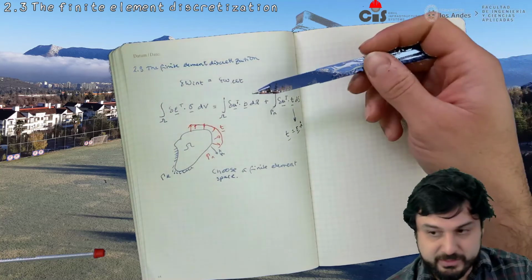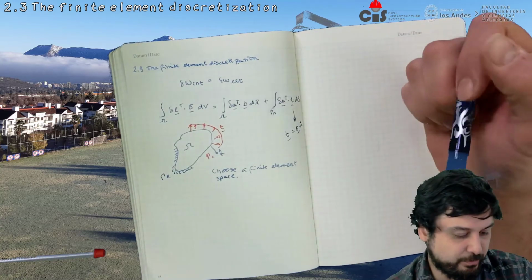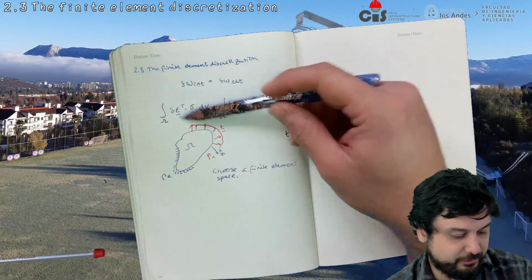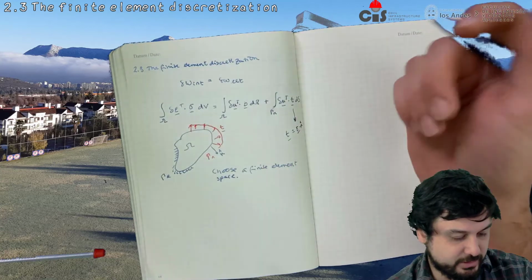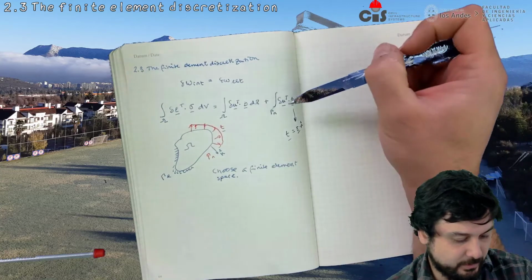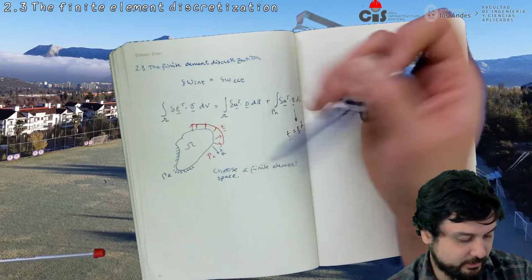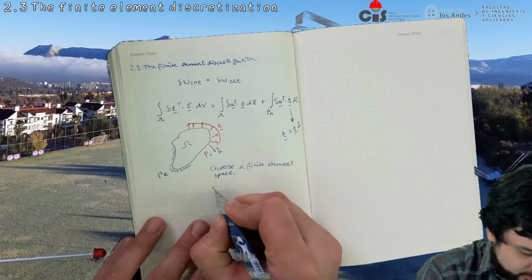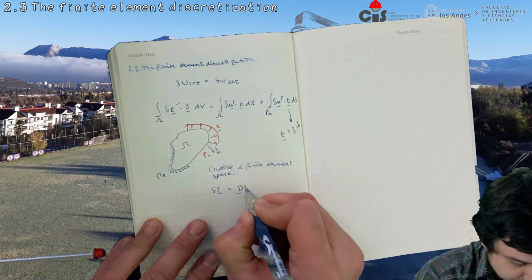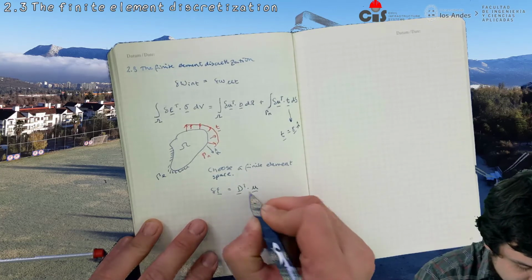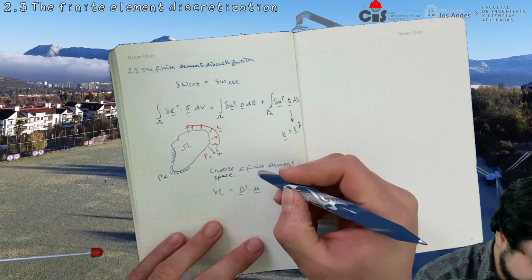So this is valid for whatever delta u you put in there, if the conditions are such that it's equilibrium. This u gets differentiated, so delta epsilon is equal to the derivative of delta u, without the transpose.